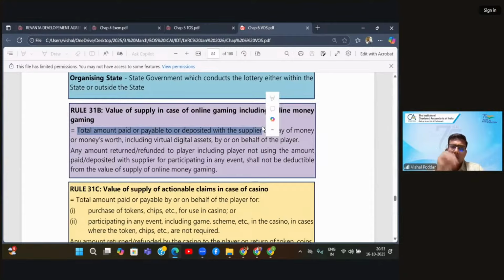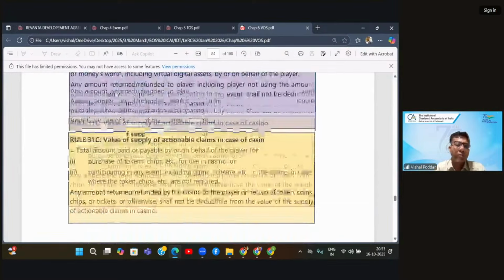Once you deposit money in the wallet, the amount which you have deposited, whether or not you use it for playing the game, that amount will be considered as value. In fact, further, it has given a clarification. Even if later on you withdraw any amount from the wallet, because you did not use it, that will not be reduced. It means whatever you deposited in the wallet is deemed to be the taxable value, and GST will be charged on that.